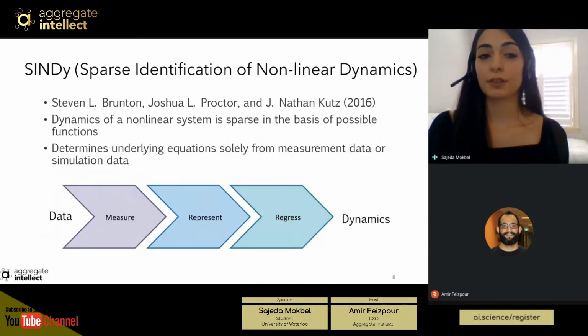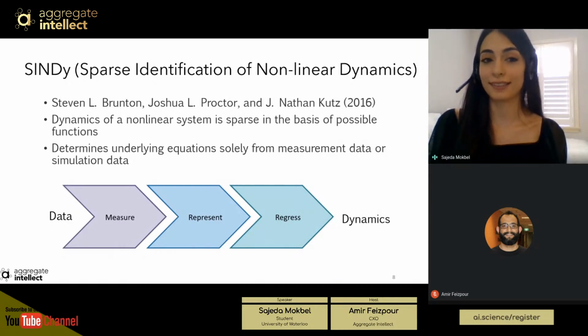And so I'm going to be talking about the first paper that I read that is gearing towards understanding the physical dynamics of systems through data. And that is called Sparse Identification of Nonlinear Dynamics, or SINDy for short. And it was presented by Steven Brunton and others in 2016.